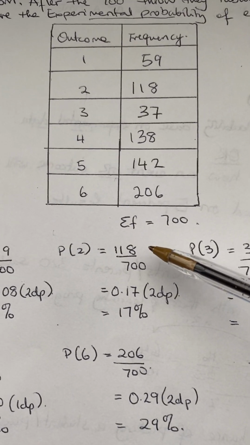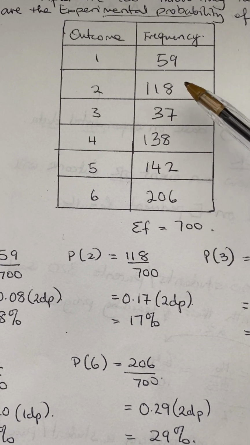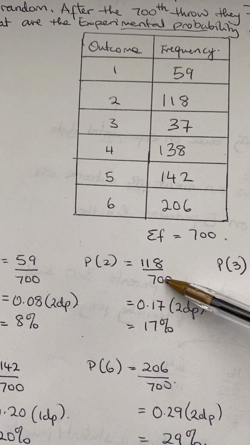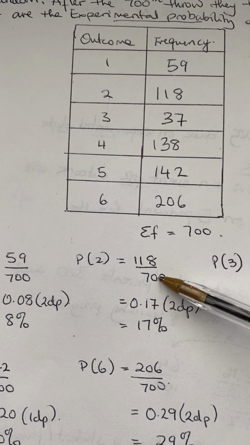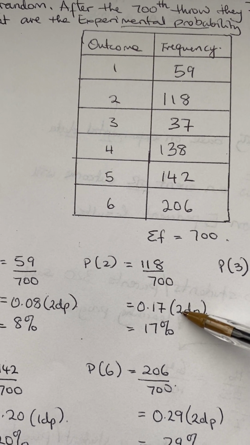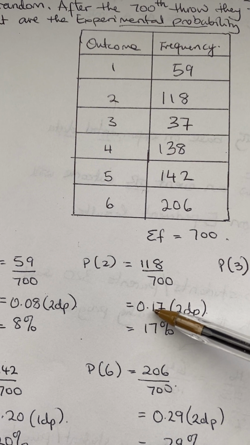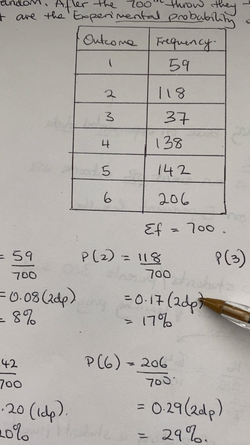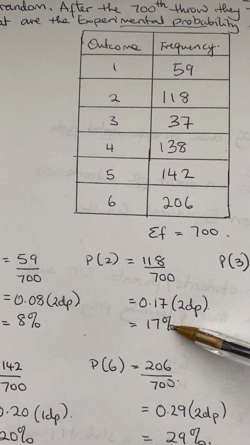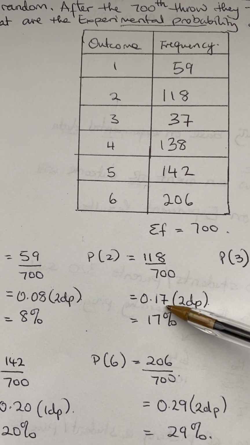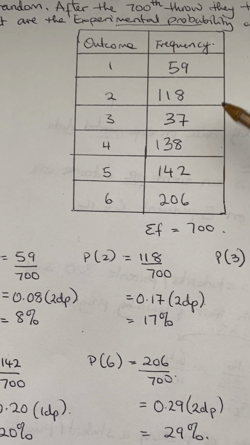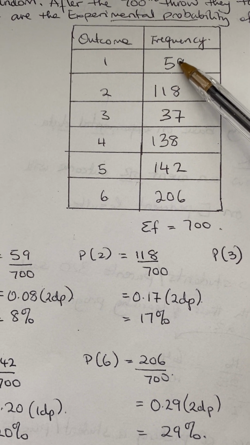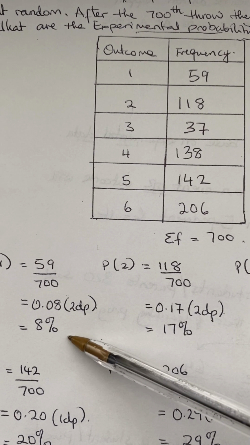Now, the same calculation, 118 over 700, because they had a total of 700 throws. So use the calculator again. You get 0.17 to 2 decimal places. Multiply by 100, you get 17%. So now you are seeing a picture here. Looking at 59, you wouldn't know it's 8%.